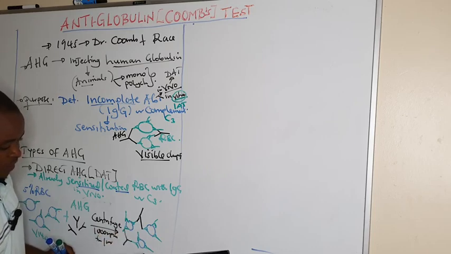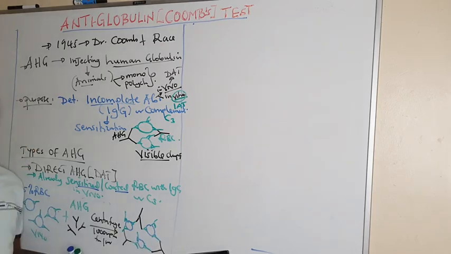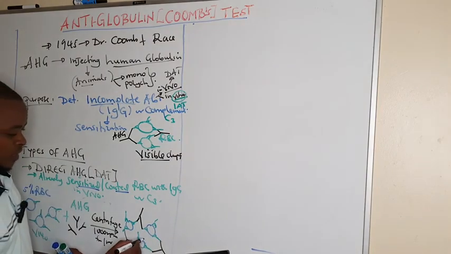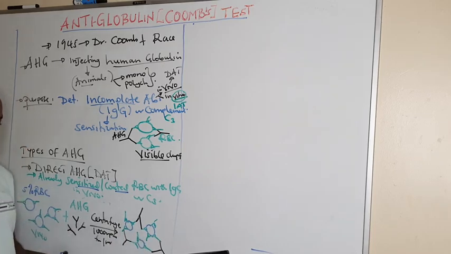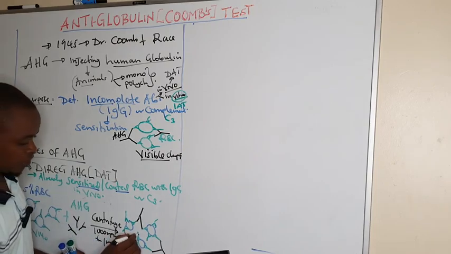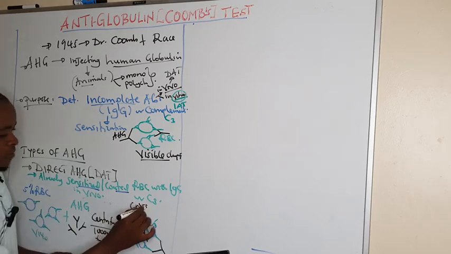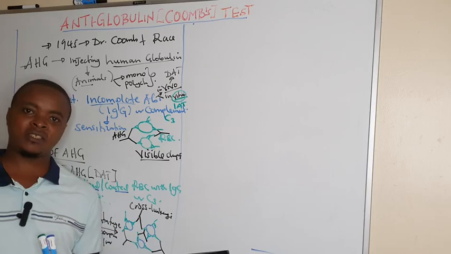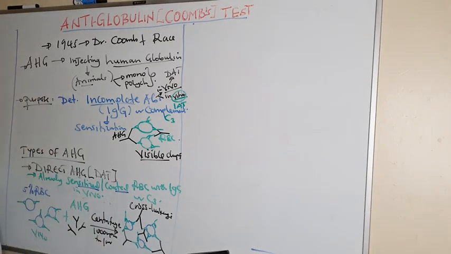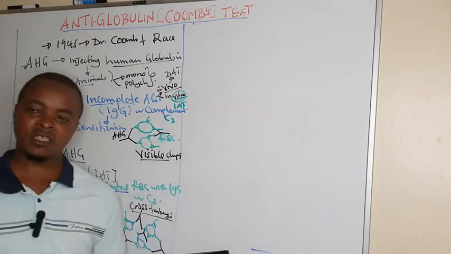It attaches on the Fc portion of the incomplete antibodies. And if I have another coated antibody here, IgG or complement, here still it causes cross-linking. Due to addition of anti-human globulin reagent containing these antibodies, they produce cross-linkage or lattice formation, and this cross-linkage is what results in visible agglutination.